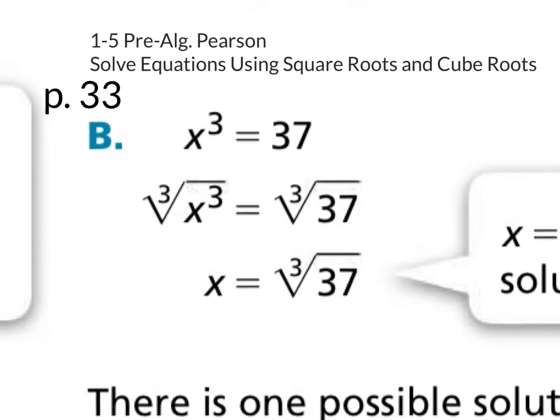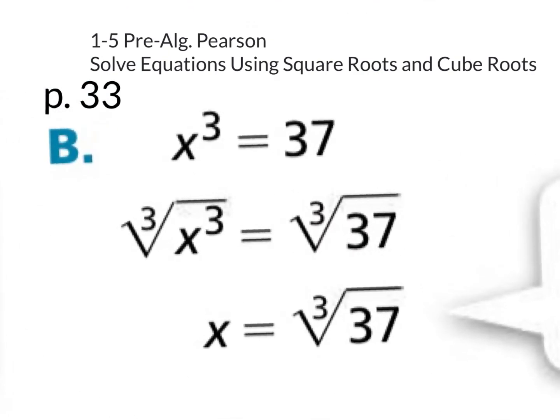Part B, x cubed equals 37. So the variable is being cubed, so we need to take the cube root. When you take the cube root, you do not add plus or minus because you've actually got three factors. And it doesn't work out to where we can have a negative, because positive times positive times positive is positive.